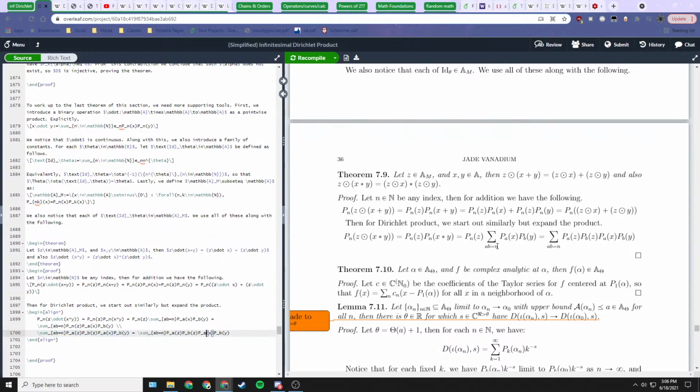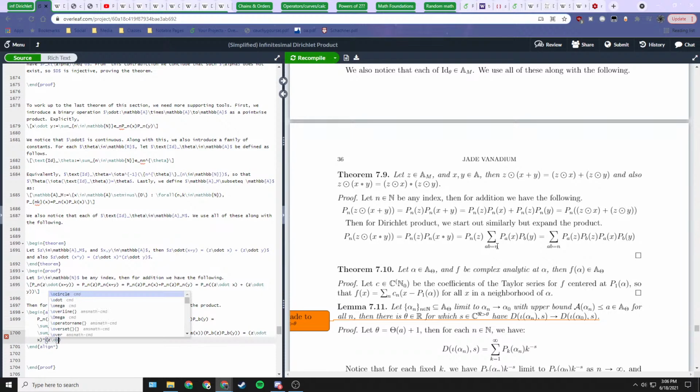So this becomes p sub a of z with p sub a of x, and then p sub b of z with p sub b of y, and then this is just z O dot x times z O dot y, and that's it.